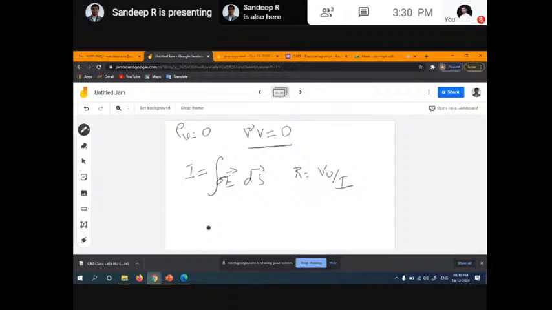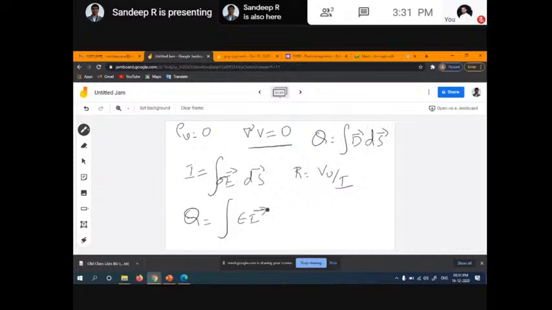Similarly, I can determine C. Let me assume that there is some potential difference V naught between the plates of the capacitor. I can solve the Laplace equation. Once I do that, I can determine Q, which is the surface integral of D dot ds. Here D is equal to epsilon into E. Let me repeat it, because Q is equal to the surface integral of D dot ds.